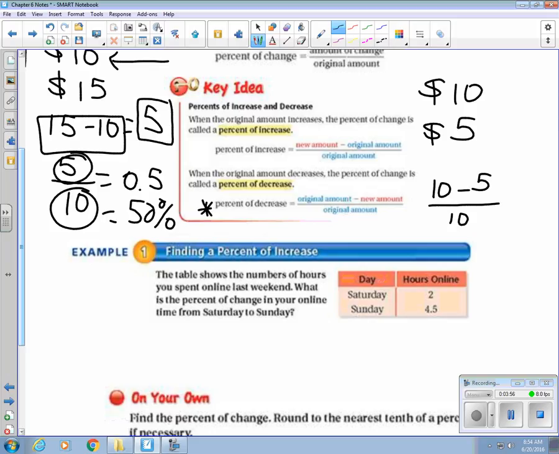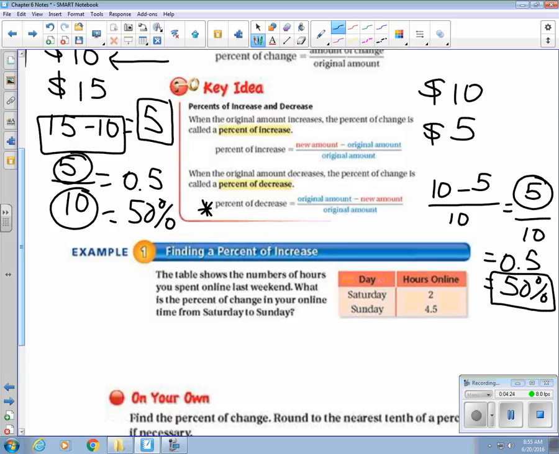Well, the change in the top is 10 minus 5. That's how much it changed. It went from 10 down to 5. So we subtract. 10 minus 5 is equal to 5. So it changed by $5. And if we divide that by the original amount, we get the same fraction, 5 over 10, which is equal to 0.5, which is equal to 50%.